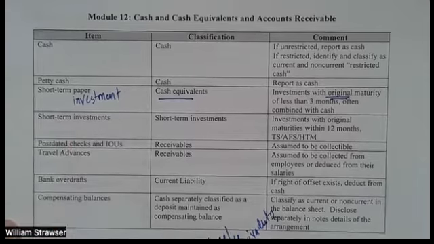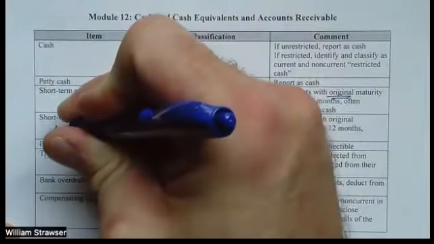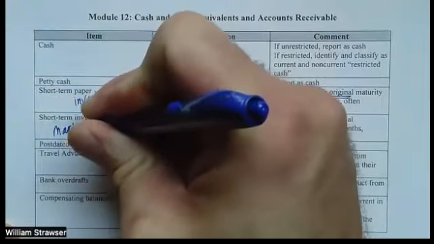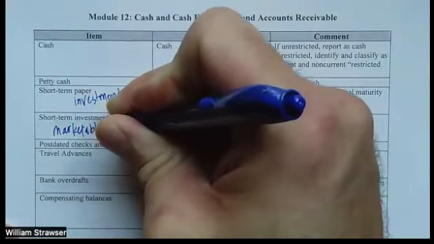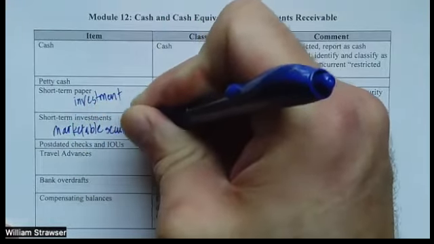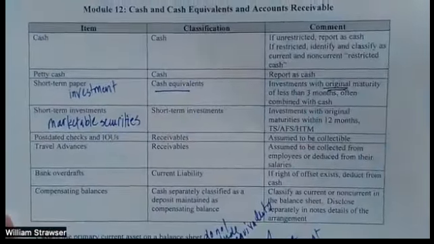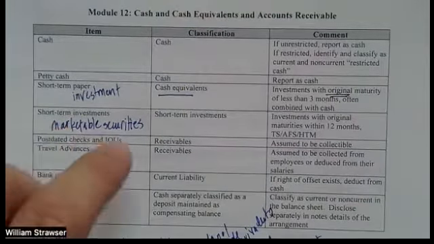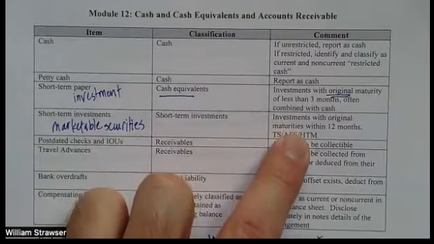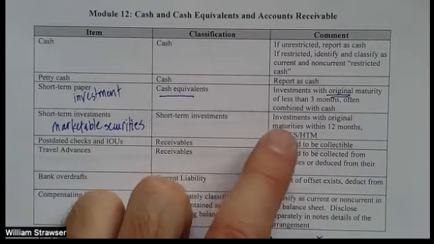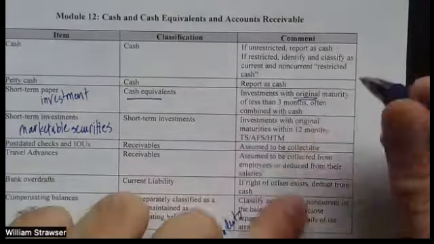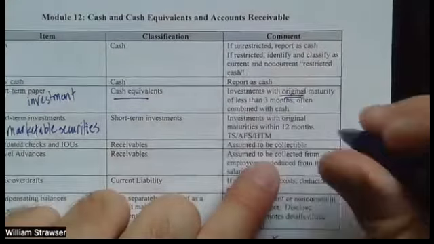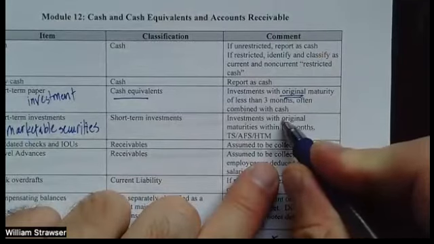Short-term investments, also marketable securities, as I called them down at the bottom. The short-term investments or marketable securities are investments with maturities within 12 months, i.e. they are current assets. Actually, I need to cross that word original out.